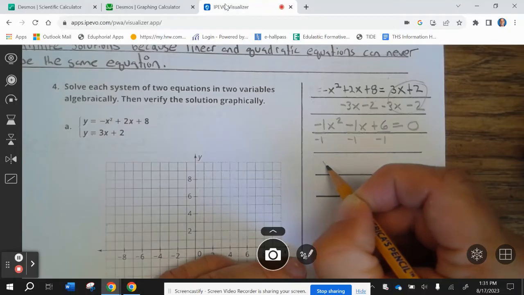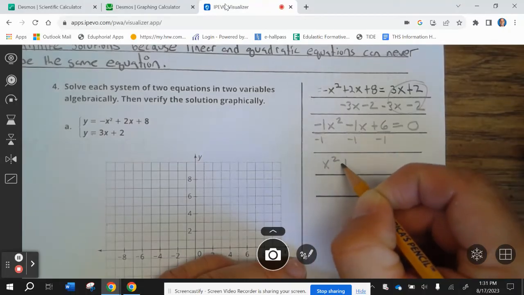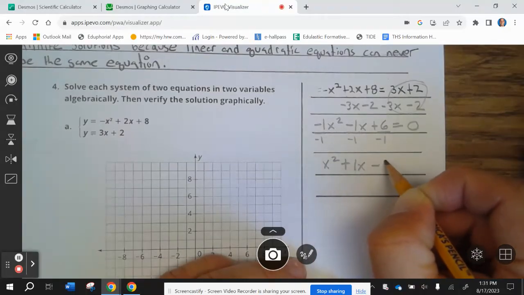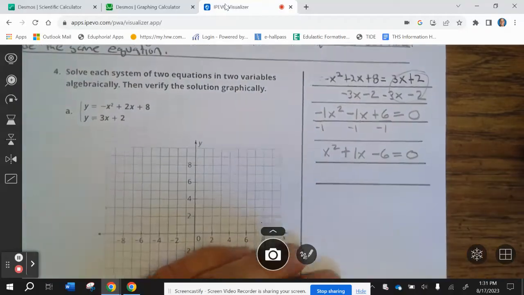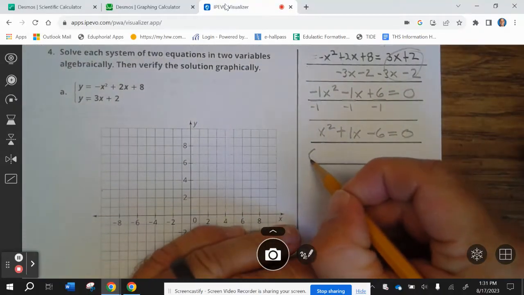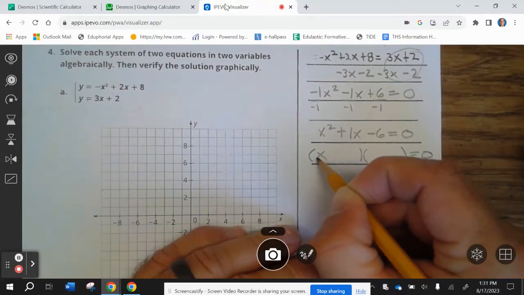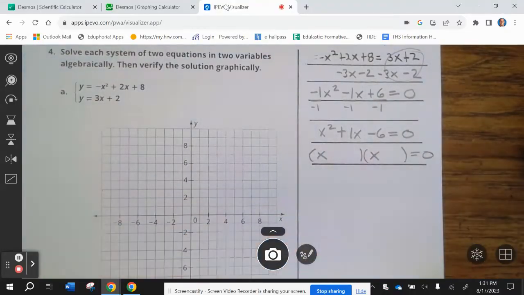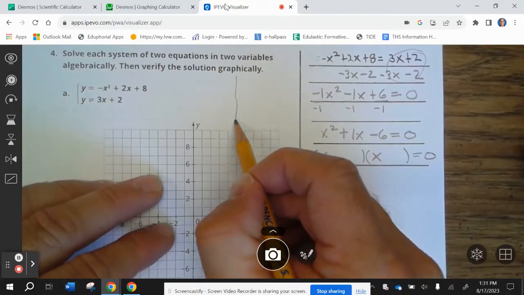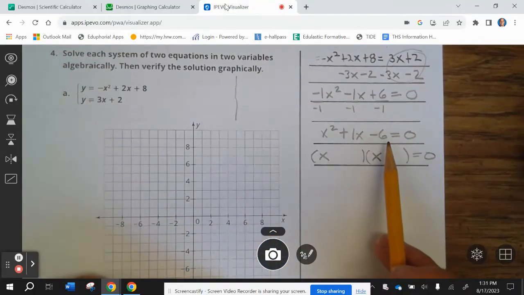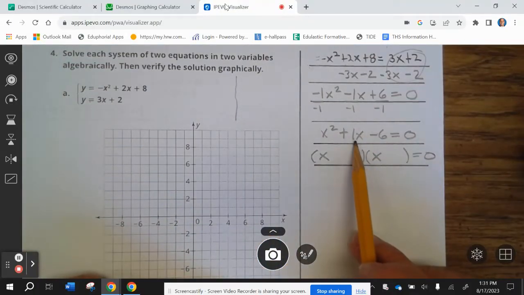This becomes x squared plus 1x minus 6 equal to 0. Now, we know 2 parentheses equals 0. X and x is x squared. Now, we need to figure out what numbers multiply to give you negative 6 and add to positive 1.